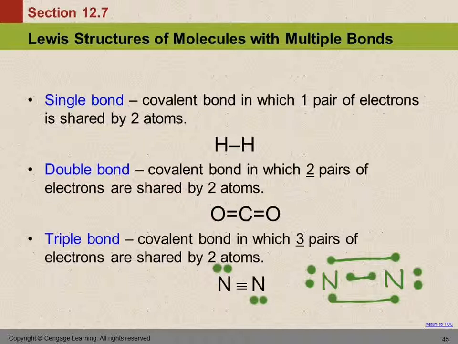It's all the same. This is not a preferred method of showing a Lewis structure just because it's all kind of scattered about. But this is a nice way to figure out what the Lewis structure is. Any other questions?